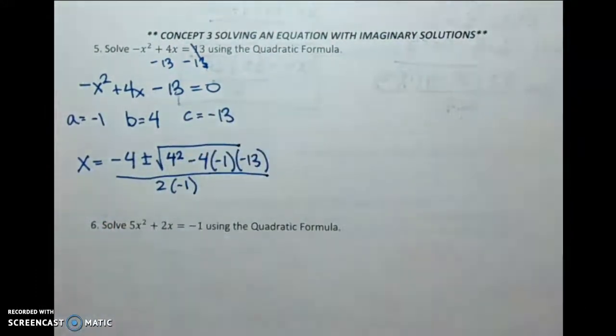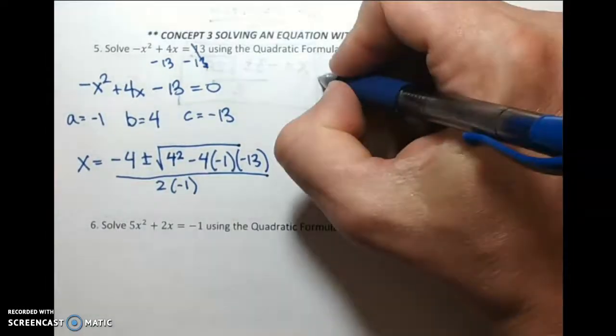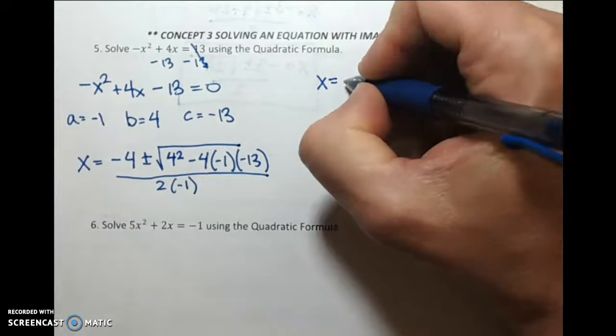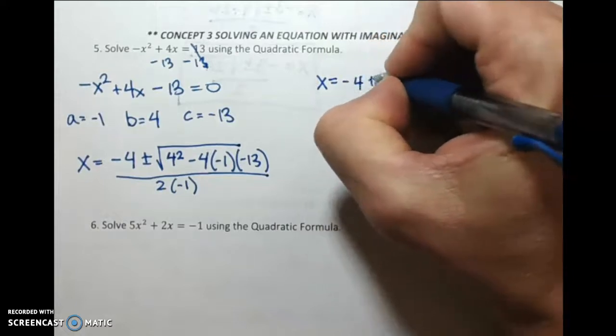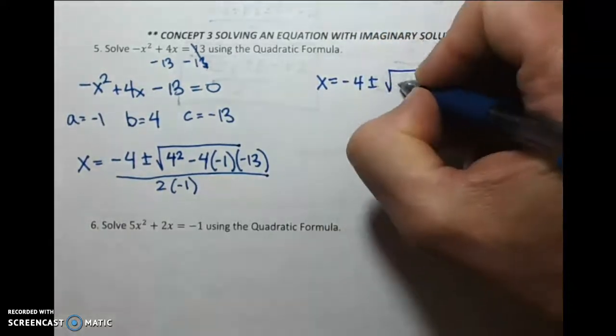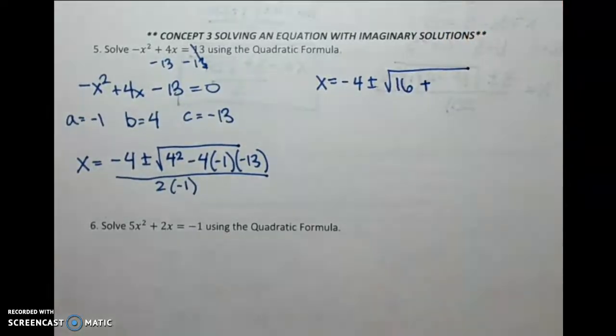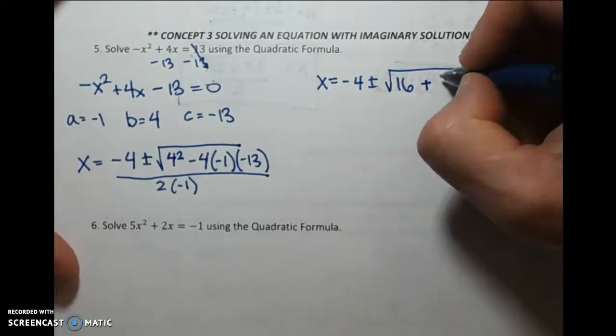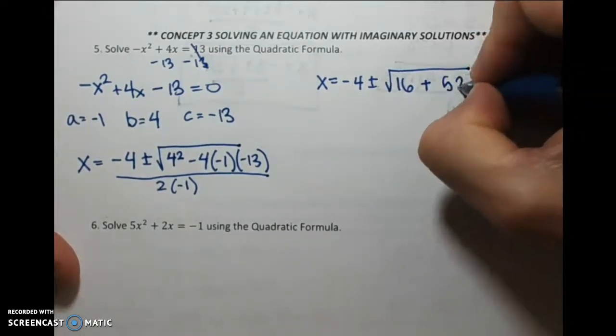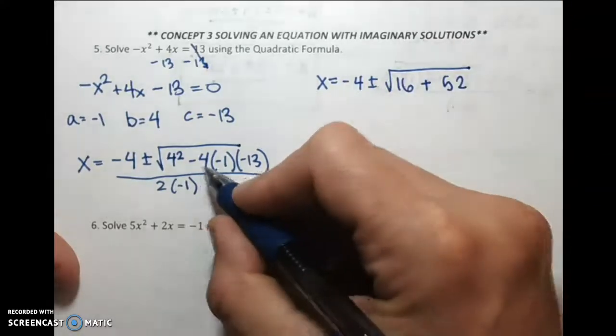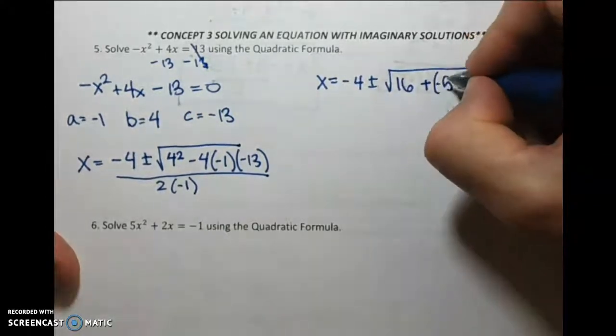Okay, I'm going to scoot on up here, and I get x equals negative 4 plus or minus the square root of 4 squared, 16. It's going to be plus, and 13 times 4 is 52. I'm sorry, it's going to be minus. There are 3 negative signs there.